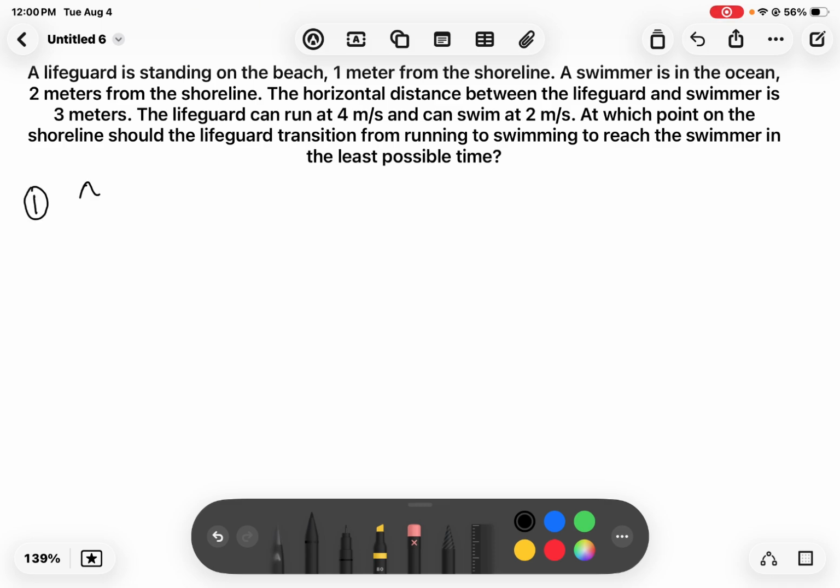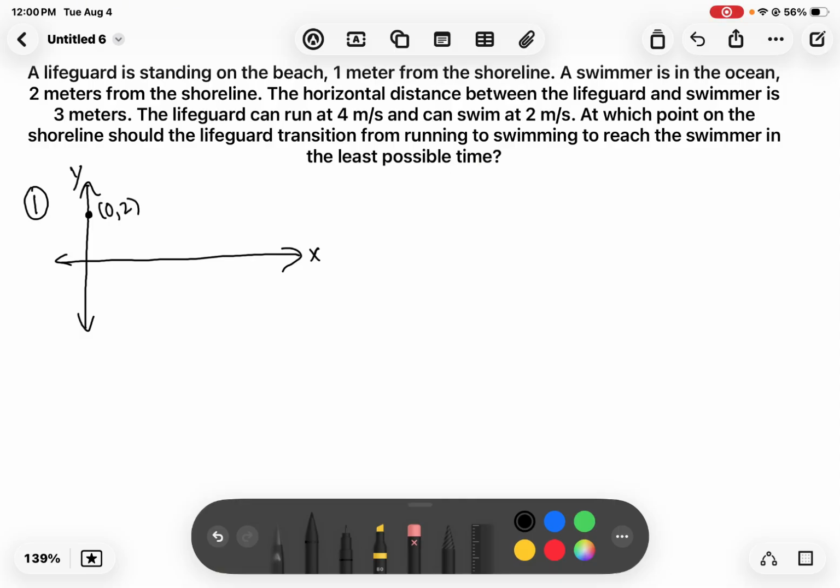I'm going to draw our picture on the coordinate axes, because as we will see, that will make this problem much easier to solve. All right, so let's put the swimmer right over here. And let's say our x-axis is the shoreline. So our swimmer is 2 meters from the shoreline, so this coordinate point is (0, 2).